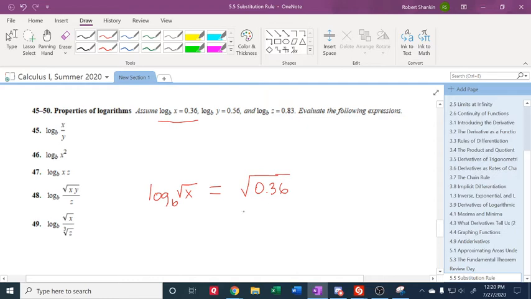This would be my first instinct on this, but it's not true. That would be true if the square root had been like this. That one is this, because then you can substitute log base b of x as just 0.36.